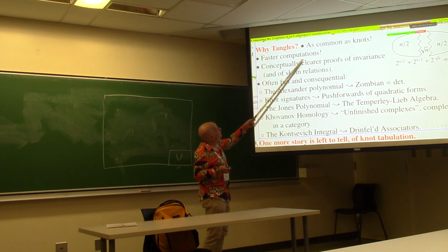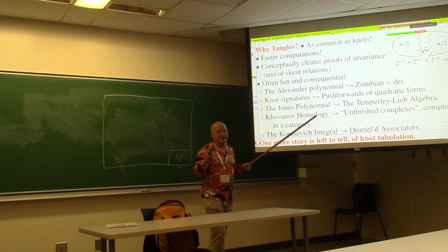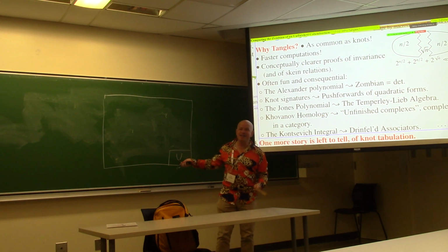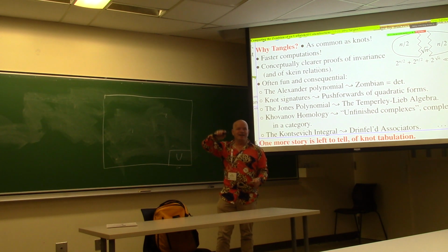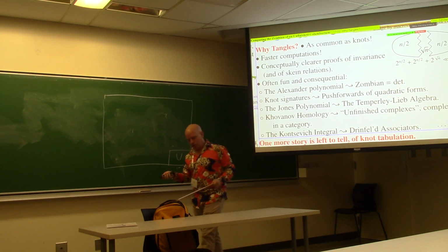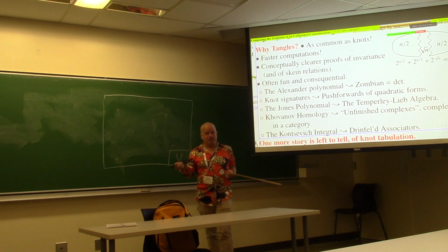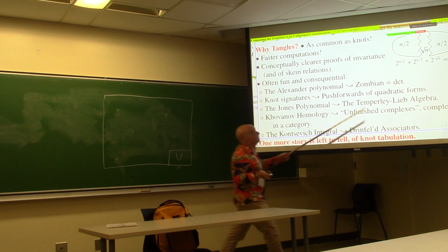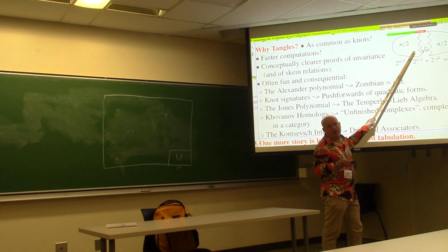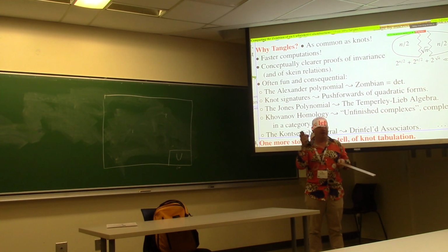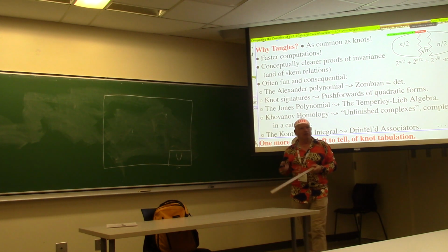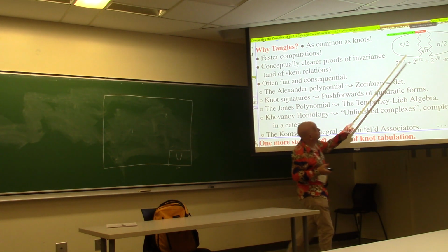Another reason is that they lead to faster computations. You think of a tangle as being an unfinished knot or a part of a knot, and if you're able to extend your Zombians to unfinished knots, so to tangles, then, for example, if you want to compute the Kauffman bracket, which is usually computed by replacing a crossing by a 0 smoothing plus a 1 smoothing, that's a complexity 2 to the n computation, because you have to do it to n crossings.